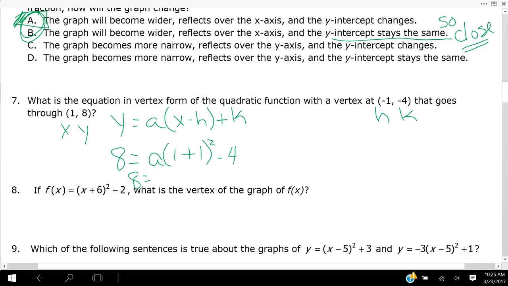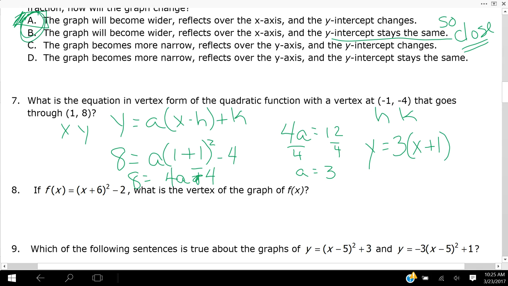So I have 8 equals 4a minus 4. I add 4 to both sides, and I end up with 4a equals 12. I divide by 4 and end up with a equals 3. So my formula is y equals 3 times (x plus 1) squared minus 4. So there's my equation.